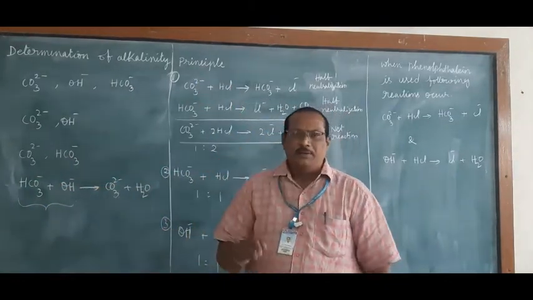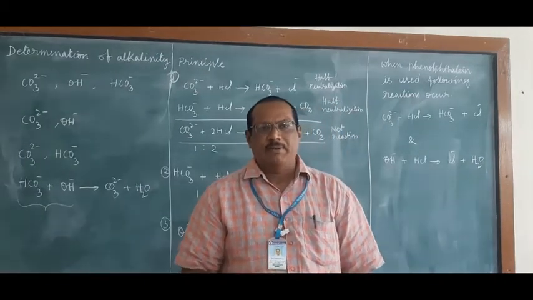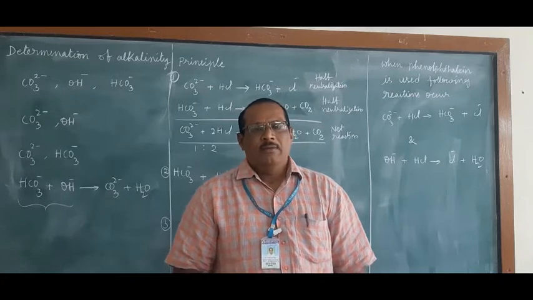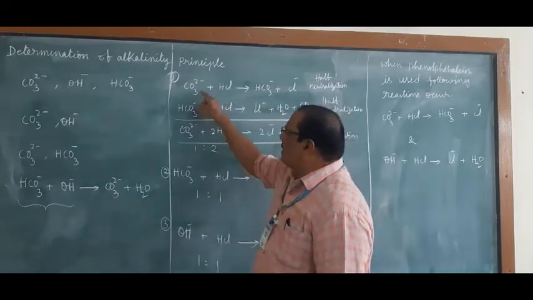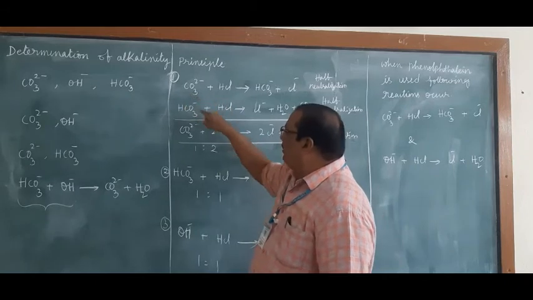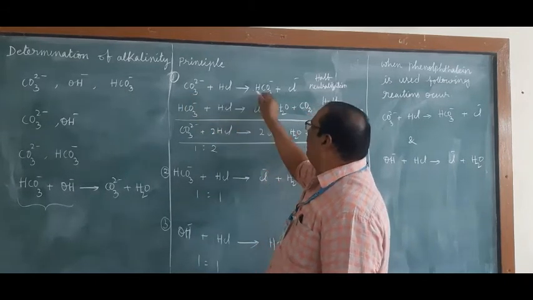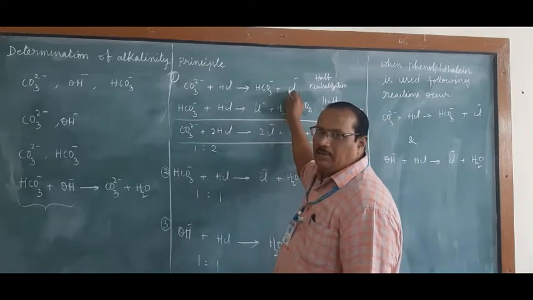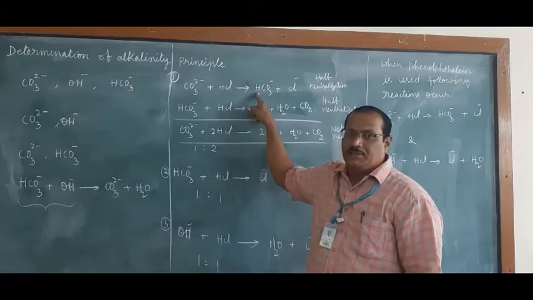In the experiment, to determine the alkalinity, we have to titrate the given water sample with HCl. As titration proceeds, the reactions which occur are these three. Carbonate reacts with hydrochloric acid and forms bicarbonate and chloride ion. Bicarbonate is still alkaline in nature.